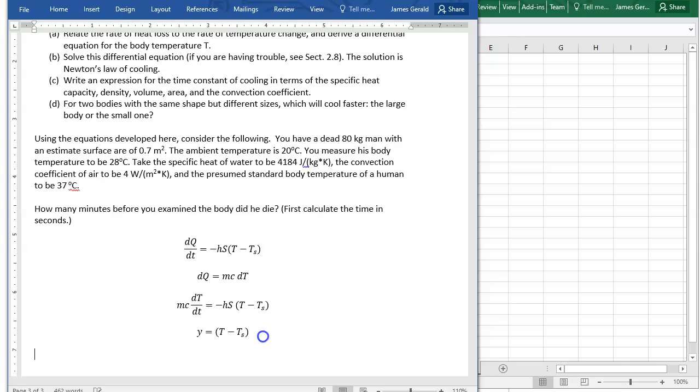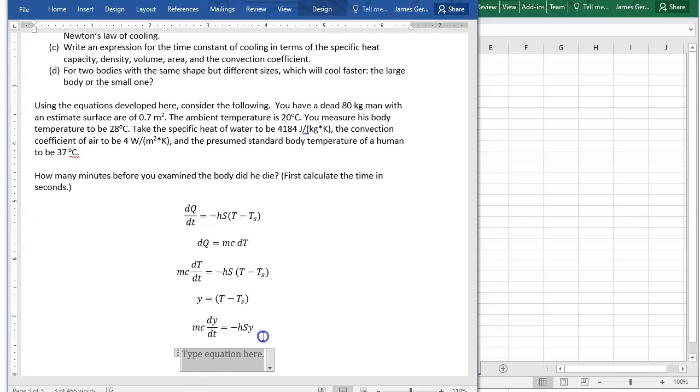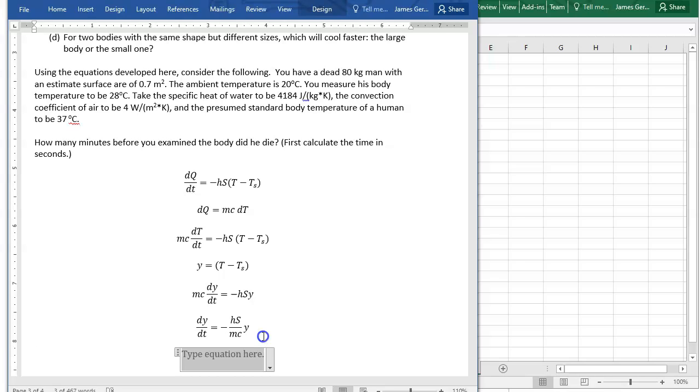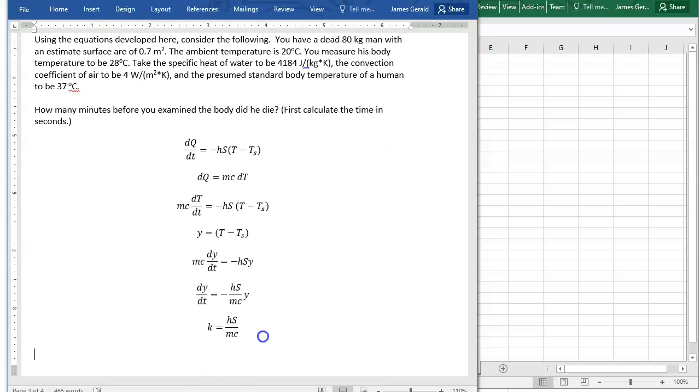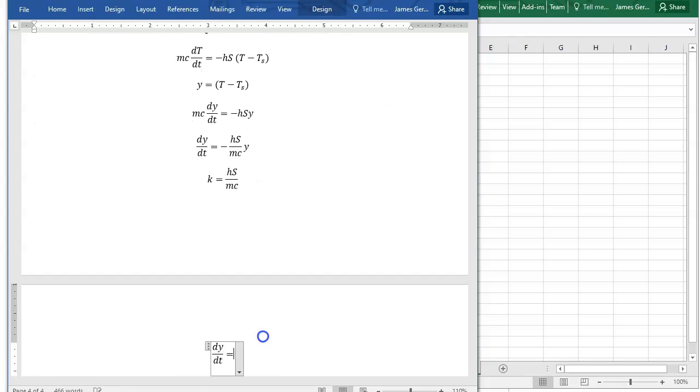And so this differential equation becomes mc dy/dt equals minus HS y. It's going to be a little easier to get to a solution. I'm going to isolate dy/dt is minus HS over mc times y. Let's call k is HS over mc. So we can write this as dy/dt is minus ky.